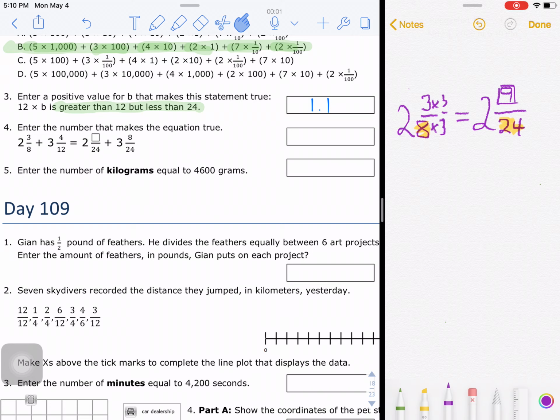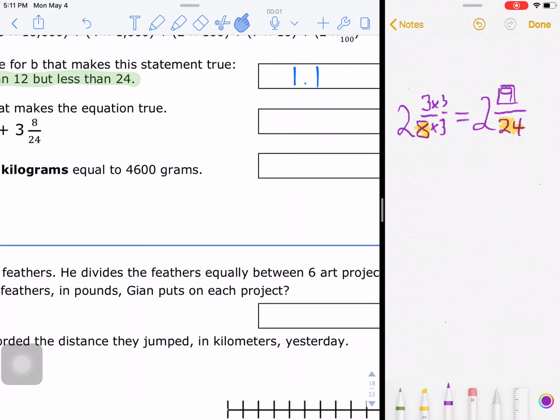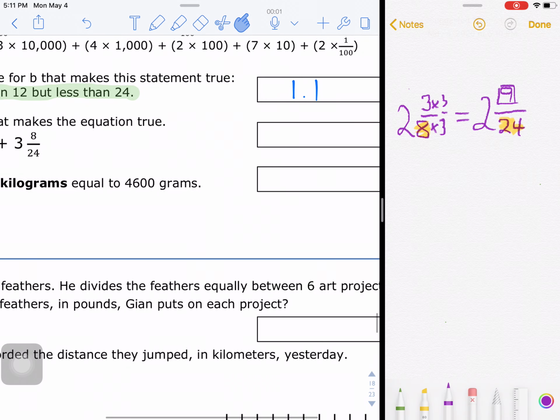In other words, they look different. 3/8 looks different than 9/24, but we know that they are equal values. And when I talk about equal values, I like to think, how many different ways can you show $1? For example, $1 is also equal to 4 quarters. They look different, but they equal the same thing. And that's the idea there with equivalent fractions. So the number that makes the equation true is 9.